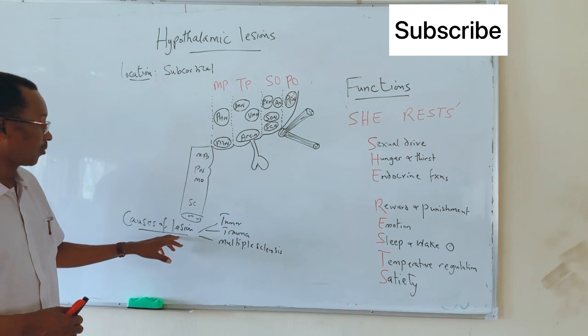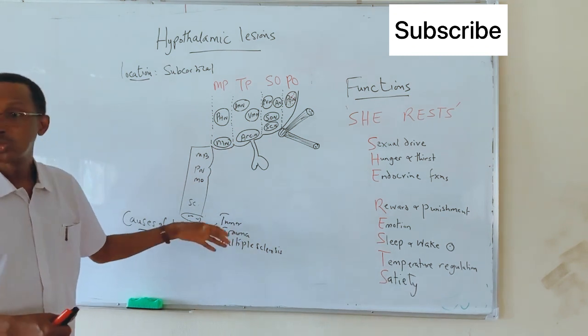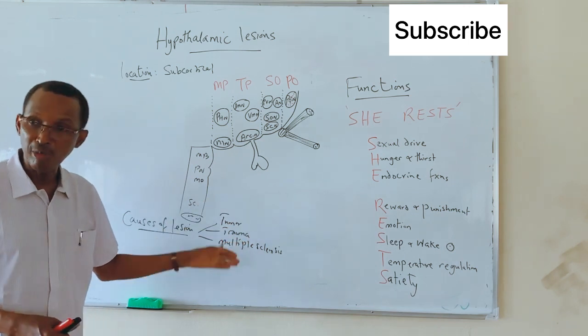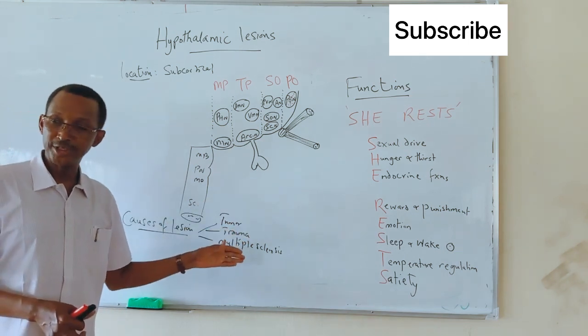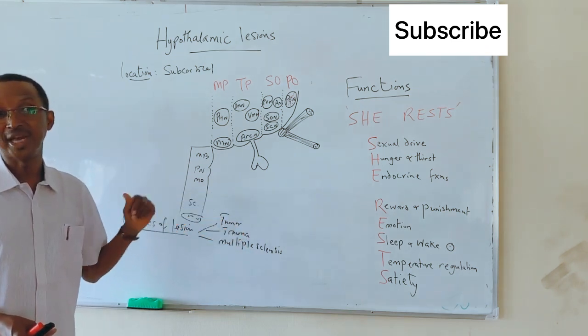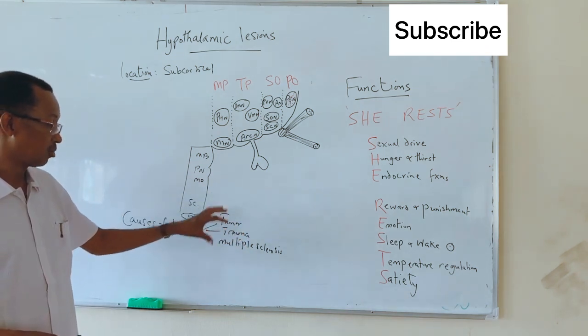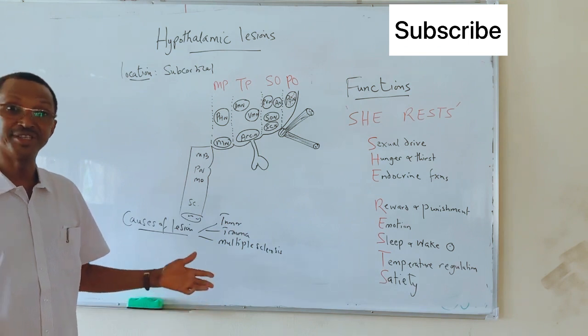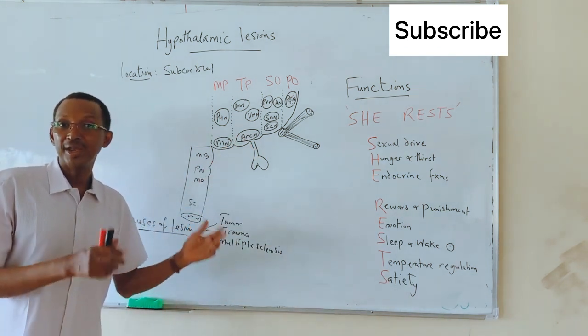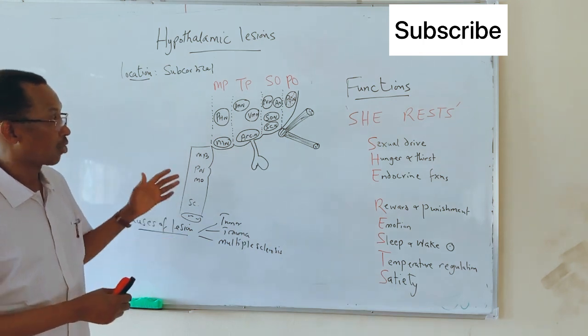The causes of hypothalamic lesion include tumor, that is cancer of the hypothalamus, and trauma of the hypothalamus. There is one disease we call multiple sclerosis that can affect the hypothalamus. Even vascular injuries or vascular diseases can also affect the hypothalamus.